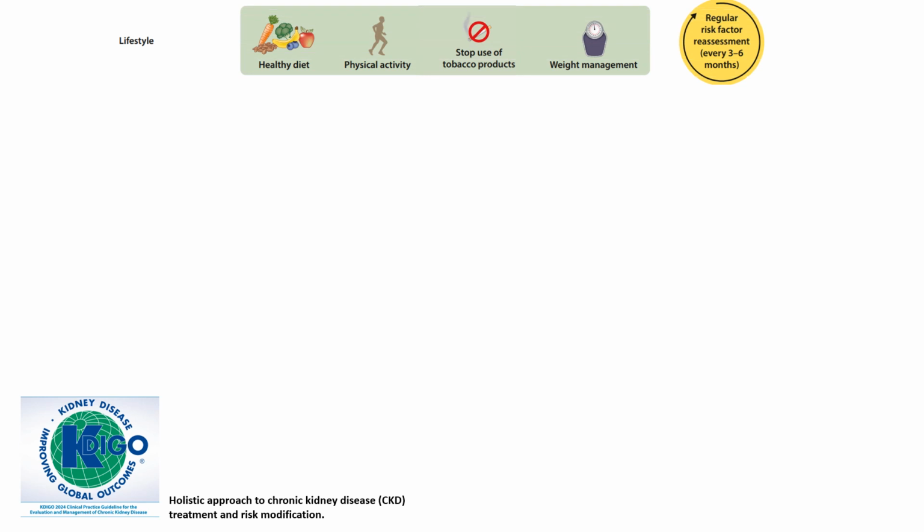Given the multifaceted management of patients with CKD, the KDIGO 2024 guidelines combine slowing CKD progression strategies and improving both cardiovascular and overall outcomes into a holistic approach. The primary emphasis is on maintaining a healthy lifestyle.